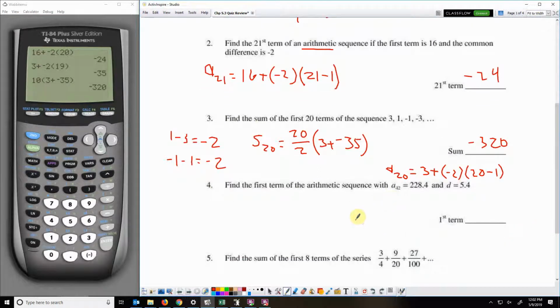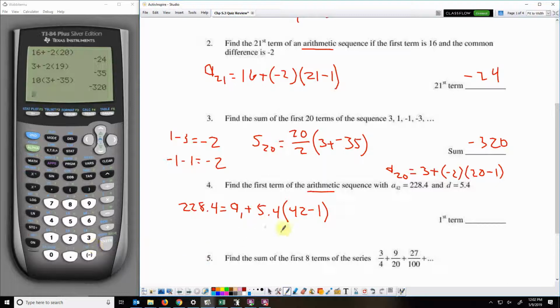Find the first term of an arithmetic sequence. So we're looking for A1, knowing that A sub 42 is 228.4. I want A1. I know that d is 5.4, and I know that n, the term number for the value of 228.4, is term number 42, minus 1.